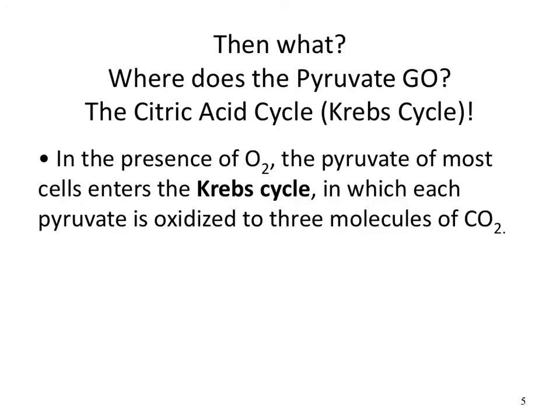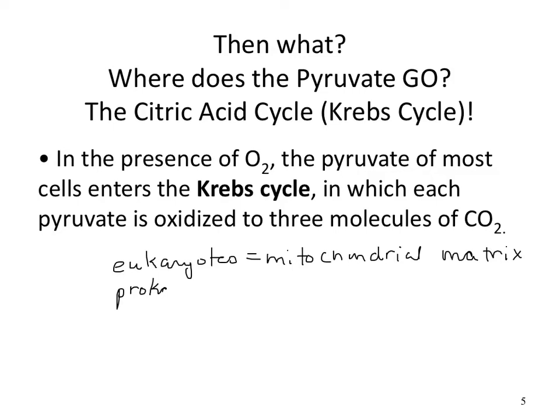The Krebs cycle, which is also called the citric acid cycle or the tricarboxylic acid cycle, occurs in the mitochondrial matrix of eukaryotes. So in eukaryotes, this is happening in the mitochondrial matrix, and in prokaryotes, this is happening in the cytoplasm, like glycolysis.